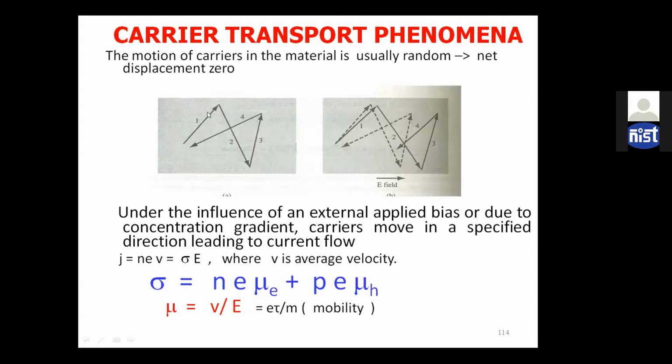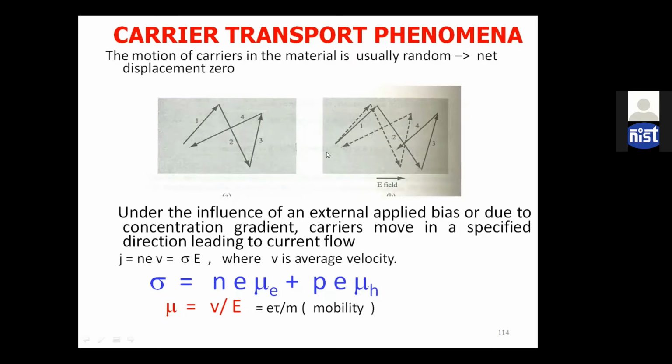One electron moves in one direction, then there may be a collision, then it moves in a second line, then it can again make a collision, move in a third line, and ultimately maybe there is another collision, so it can scatter back to the original position. So due to this random property of the carriers inside the crystal, if you are not applying any electric field, then the net displacement is zero, so we say the current density is zero.